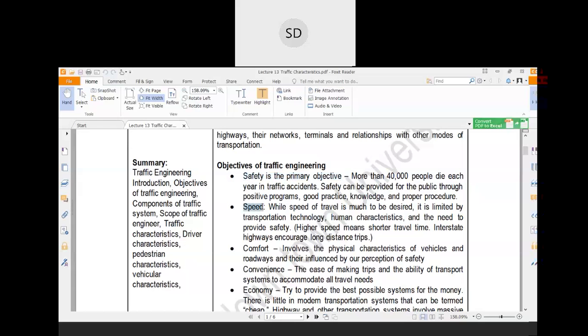Then speed is a very important parameter. Okay, and all the geometric features of the road are designed based on the speed of the vehicles.